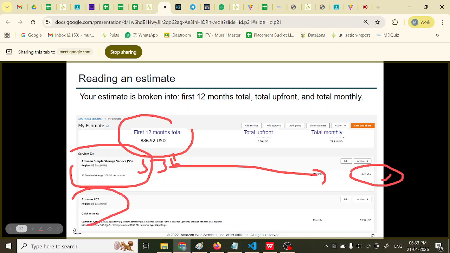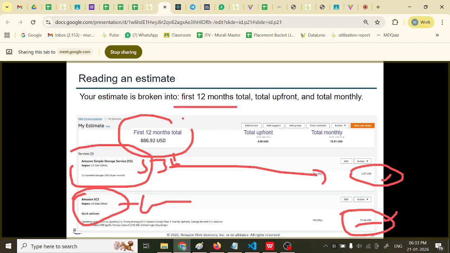Along with EC2, how much is the charge? Per month it is charging 71.54 USD, and overall per month we are charged 886.92 USD. Now this estimate we can save and share like a PDF also.